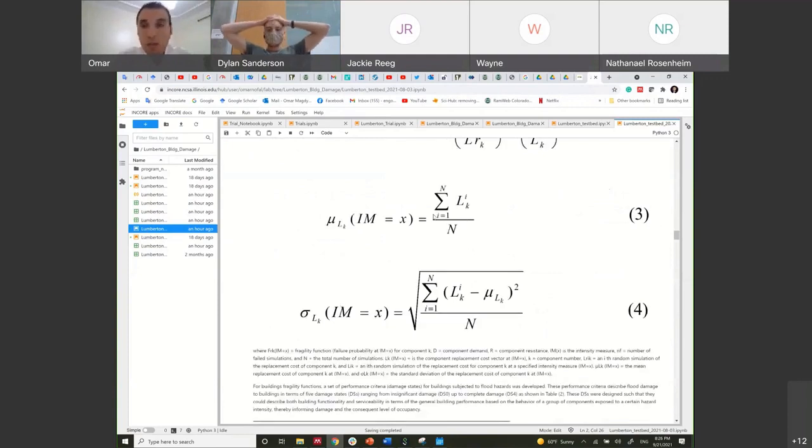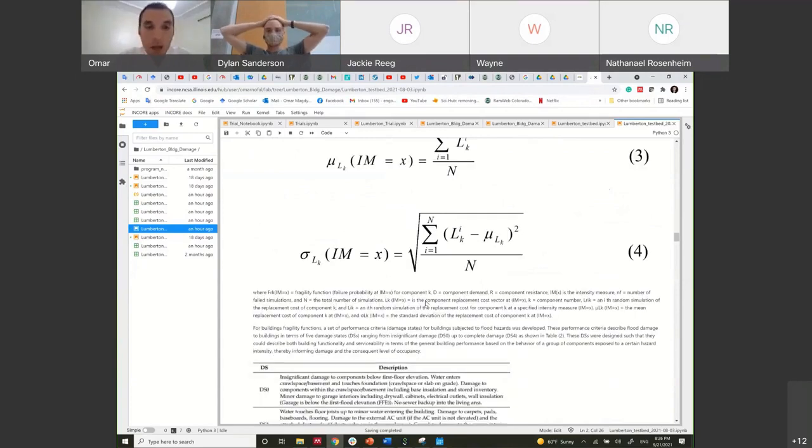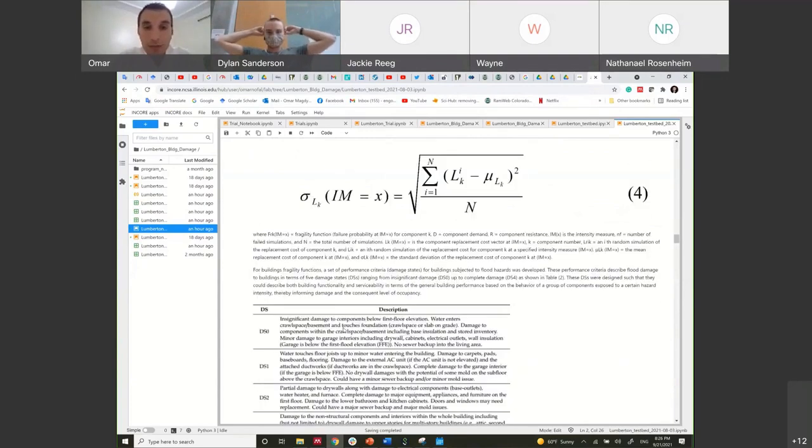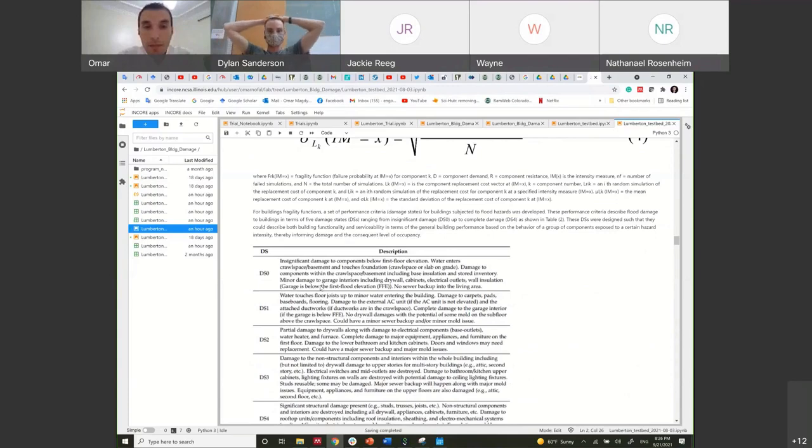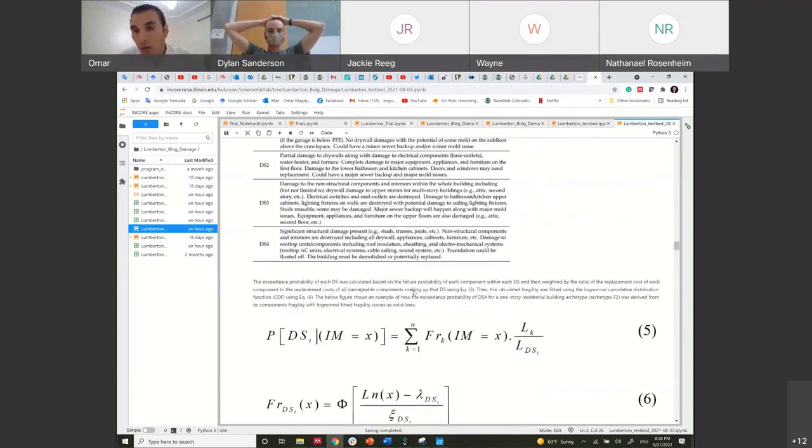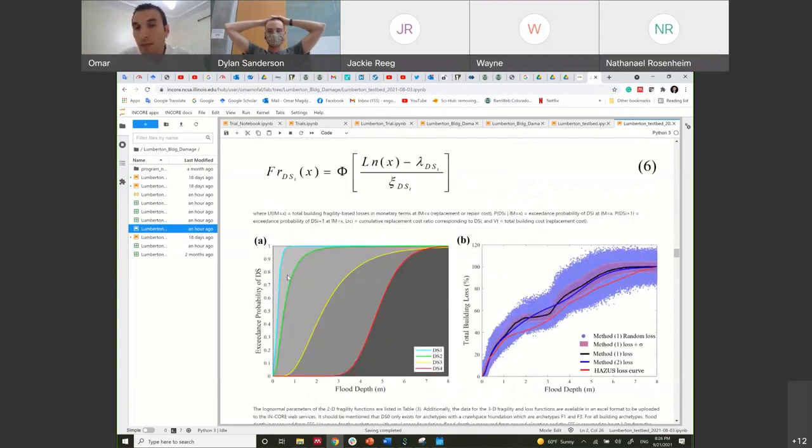And here's the damage description of each damage state. Here it shows what the fragility looks like and the loss curves associated with these fragilities. We have 4 damage states here, but the new version should be using 3 limit states with 4 damage states. Here are the curves that we have for the losses.